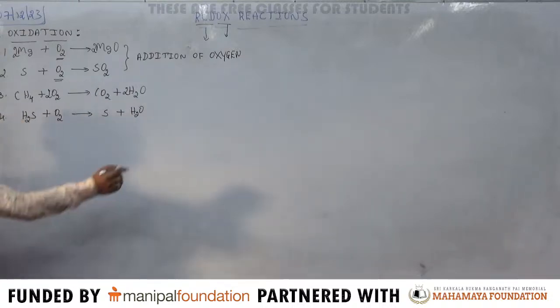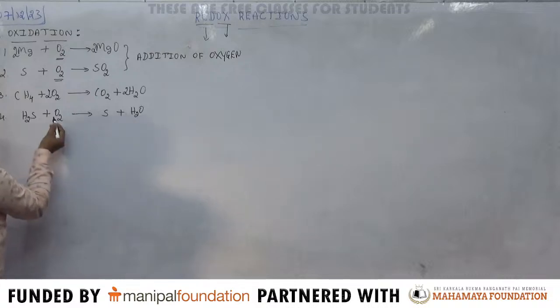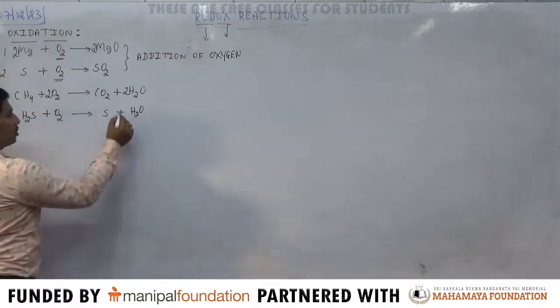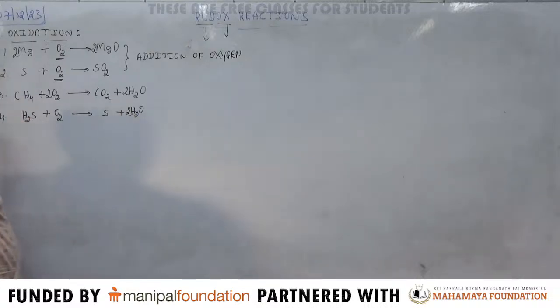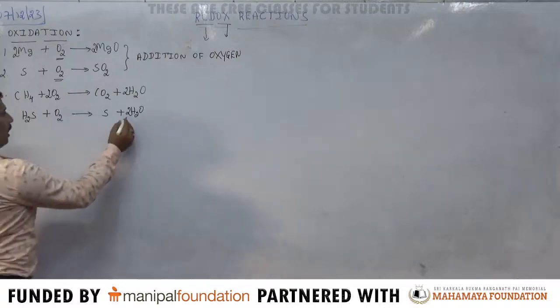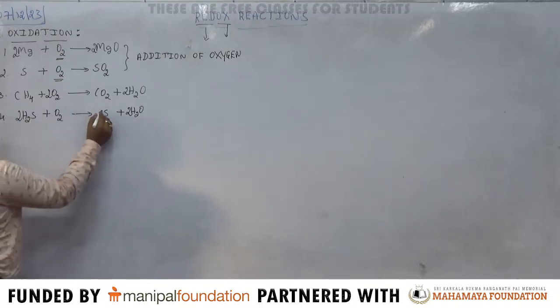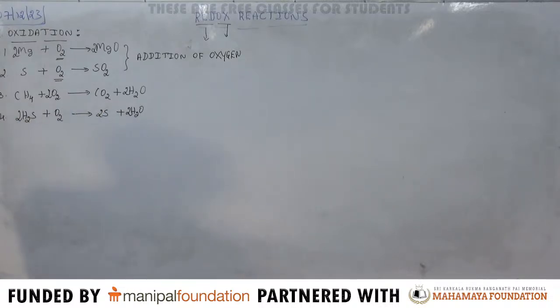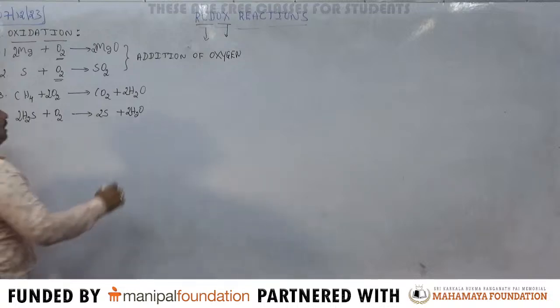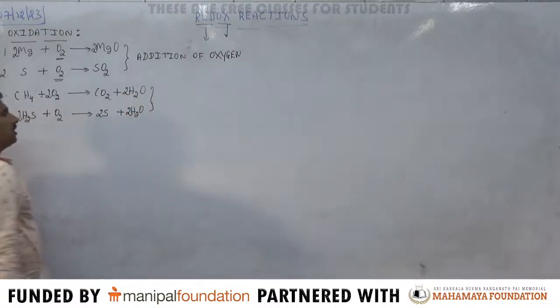Hydrogen is 2, oxygen 1, here the oxygen is 2, so I should balance the oxygen on the right hand side, so 2H2O. Now oxygen is balanced, hydrogen 2 into 2 is 4, so 2H2S, 2 sulfur, the equation is balanced.